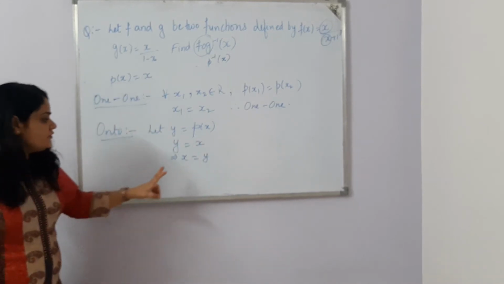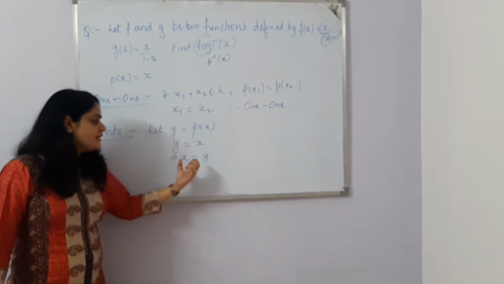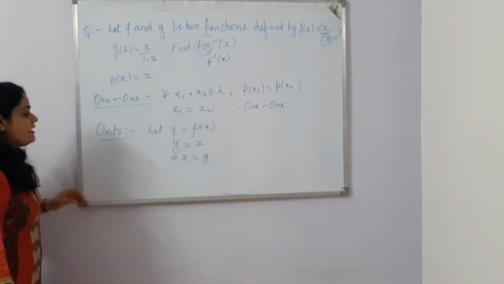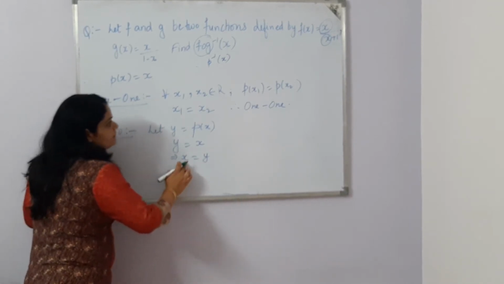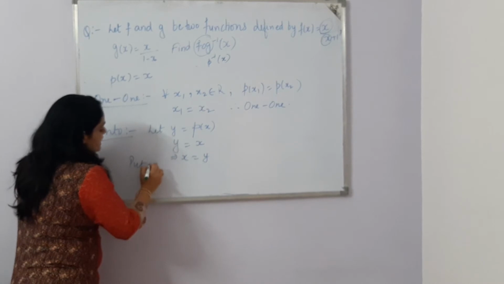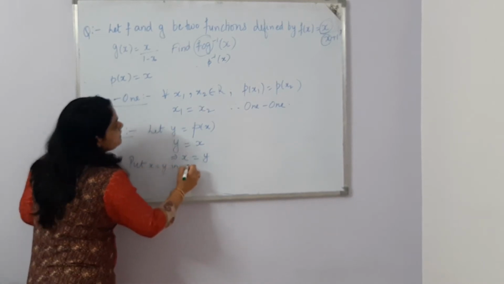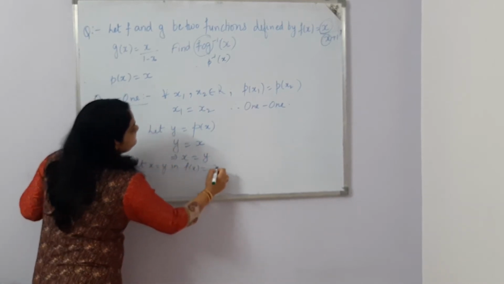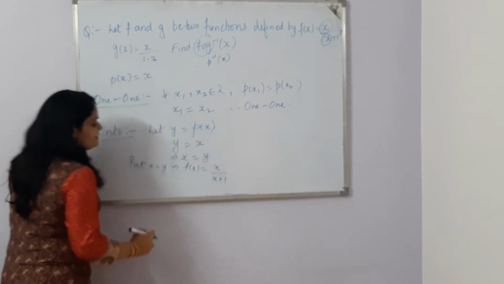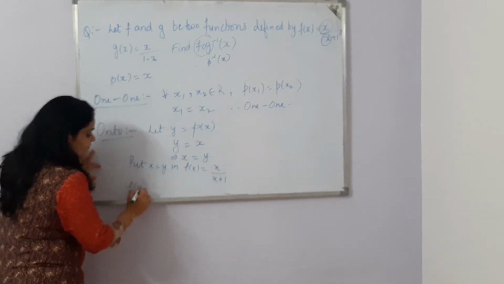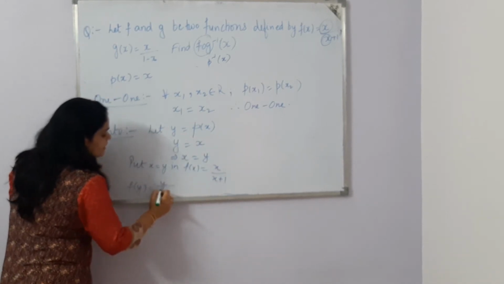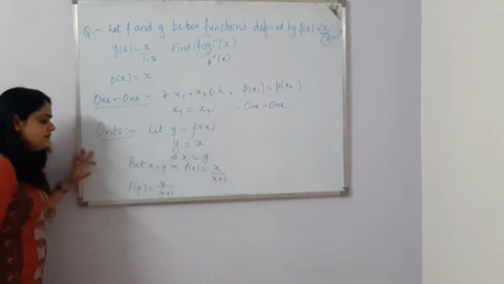Because for onto we need x in terms of y, we are considering x is equal to y. Now we will substitute this x value in the function.